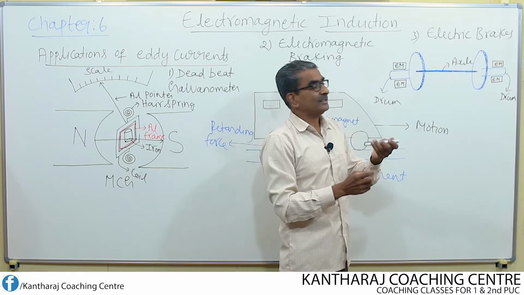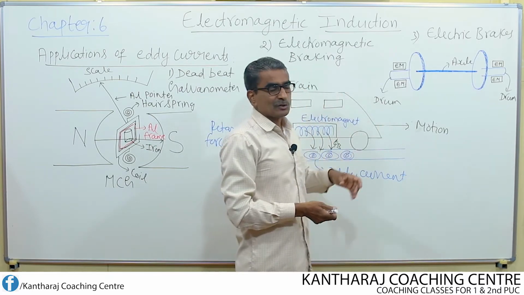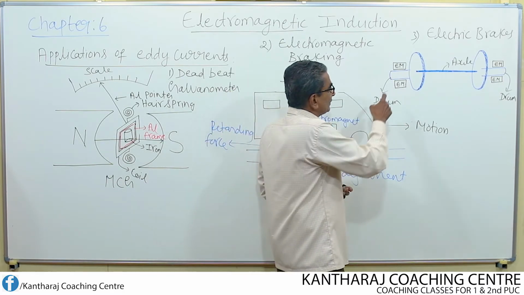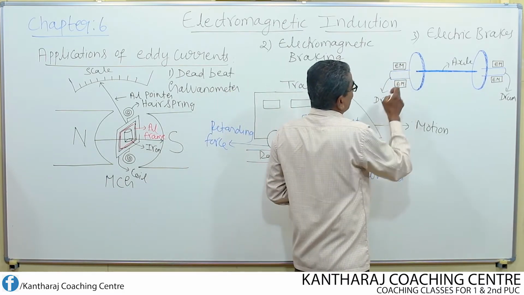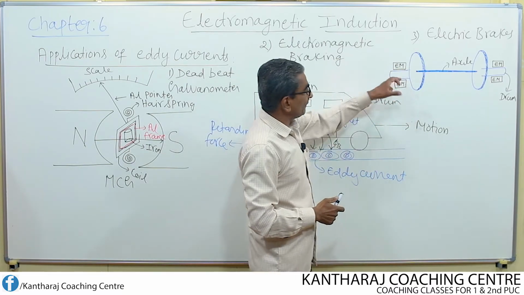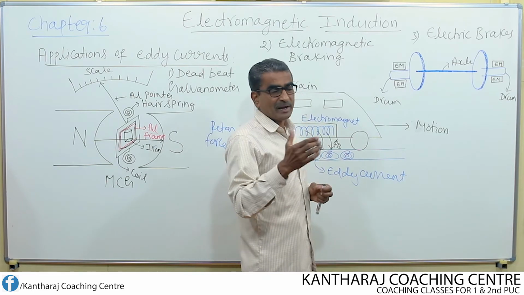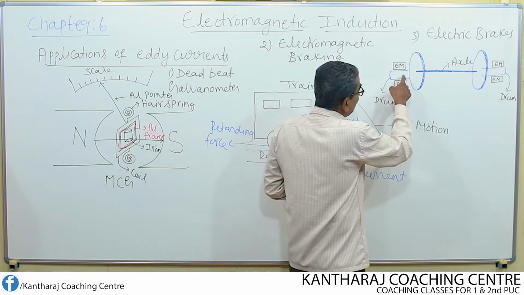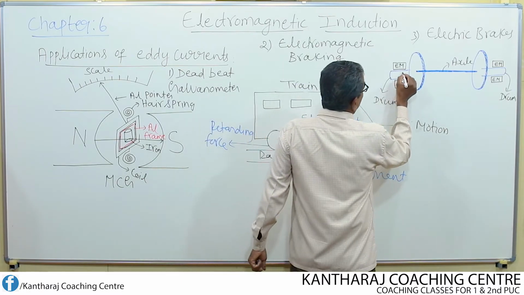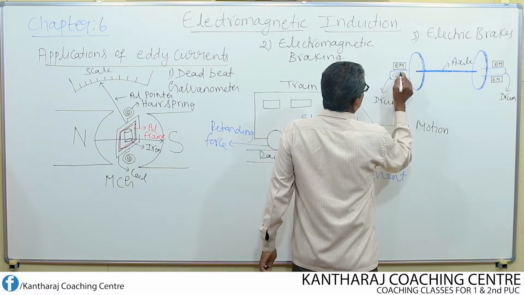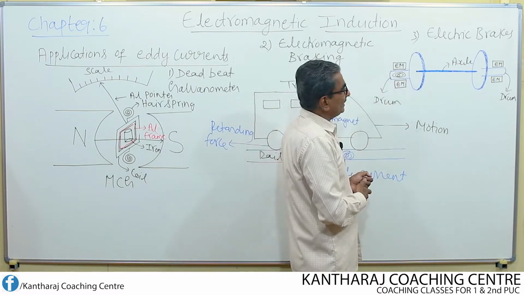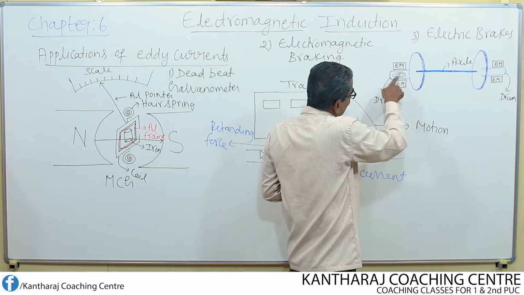Now whenever we want to stop the train, when we apply the brake, the electromagnets which are mounted just above the drum now produce the eddy current in the drum, like this, because the electromagnet produces a magnetic field and that magnetic field links up with the drum.